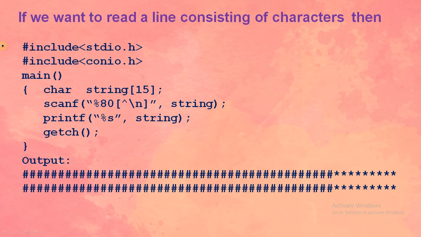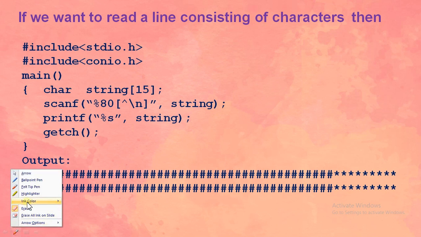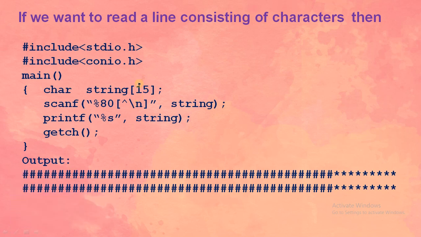Now if you want to read a line consisting of characters, then it is something like this. String 15, of course it should be made 80, because it is written over here 80 and there should be provision for 80.